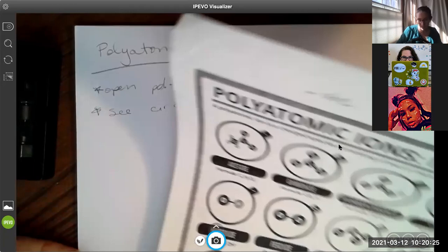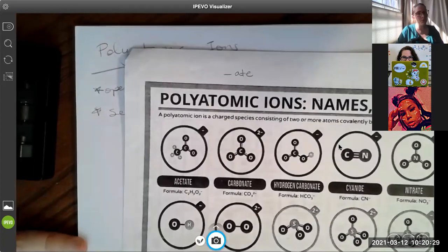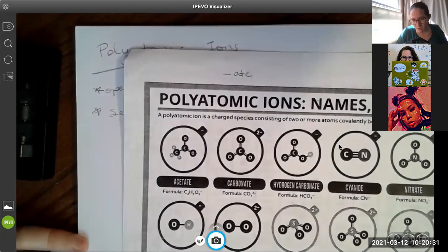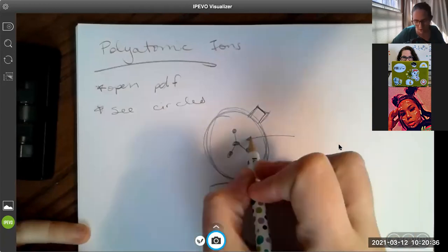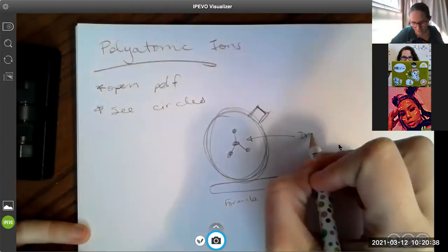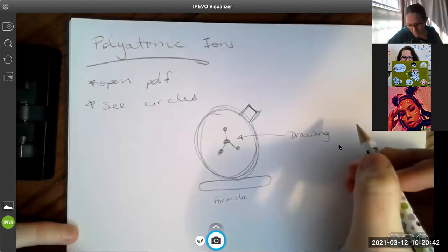Here on the other side, each of these circles has a few things in it also. In the middle, you've got a drawing or a picture of that thing.